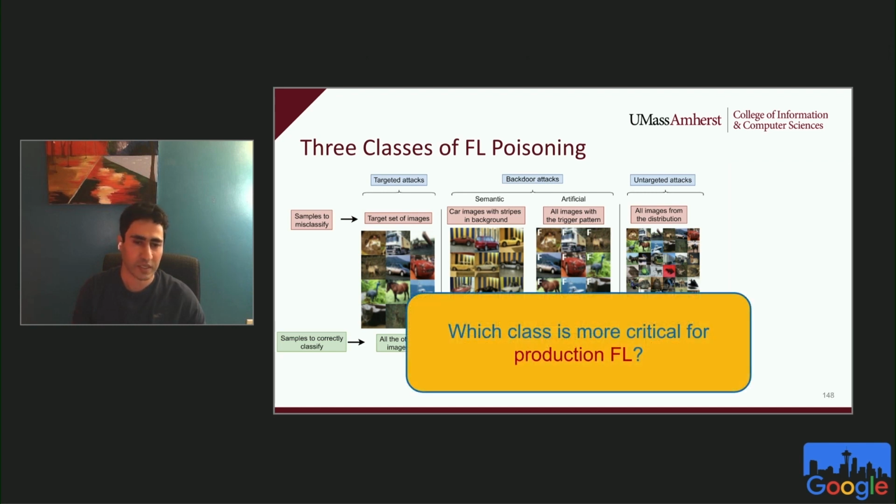So the first question we ask is, which of these three classes of poisoning are in fact more critical and important to production FL deployments? The answer to this question could be contentious, but I would like to argue that it's the untargeted class of poisoning which is the most important class to production FL systems.